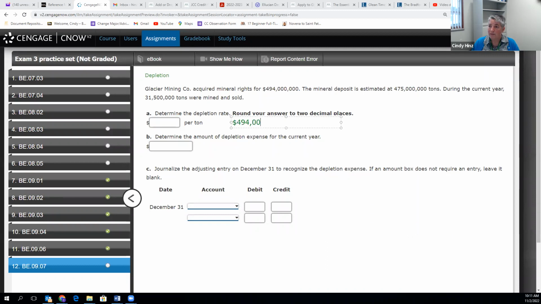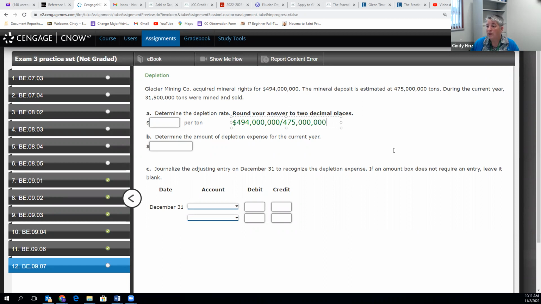We take the cost of that asset that we're going to use up. And so for this case, there's no residual value. We didn't buy the property. We only acquired the mineral rights. And so that full $494 million is to acquire the rights to harvest these minerals.